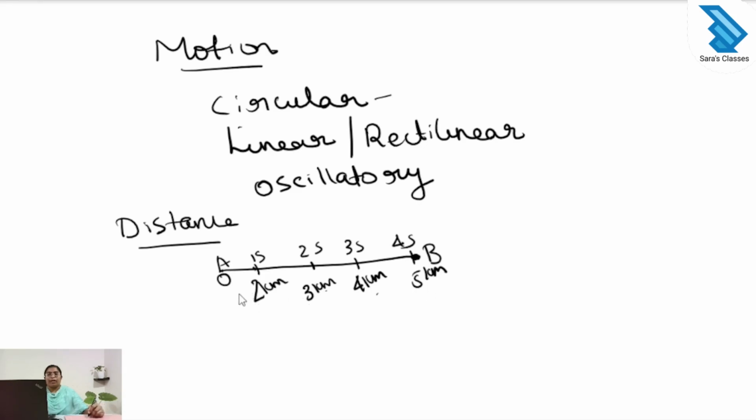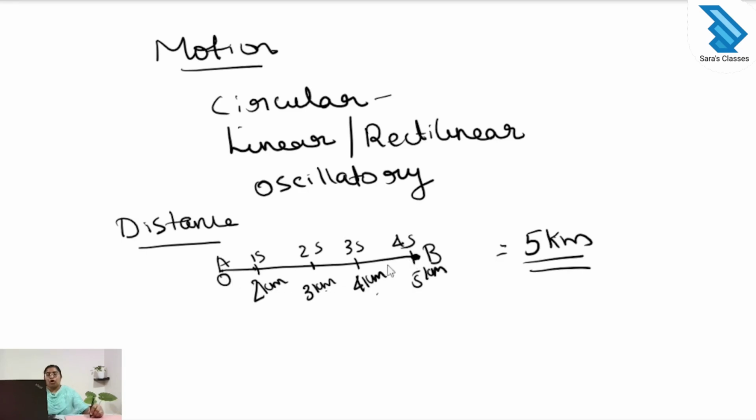So we have to find the total distance covered by the object. Here the total distance covered by the object is 5 kilometers. From A to B, the distance covered by the object is 5 kilometers. So this is the length, this much length the object has covered.